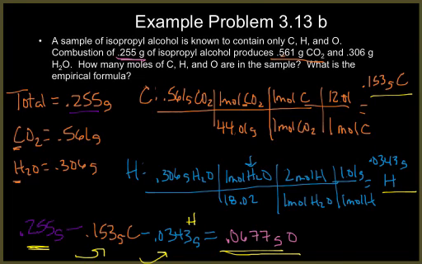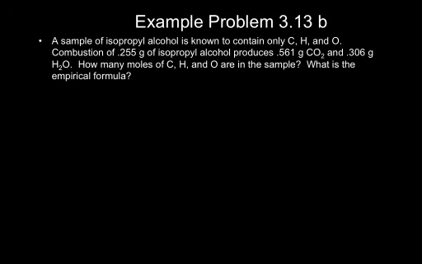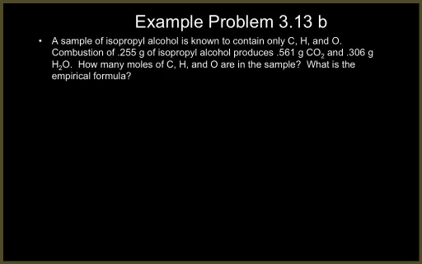Okay, so I am going to clear this out, and then I'm going to start again with my grams of each. I need to rewrite those grams on here because I ran out of room. So from the previous slide, I had 0.153 grams of carbon.